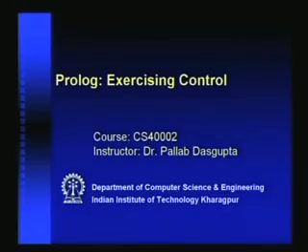Now, today what we are going to see is that Prolog does allow us some constructs to tamper with this control. So, we will study those things, and that will bring us to the end of what we should know about Prolog.